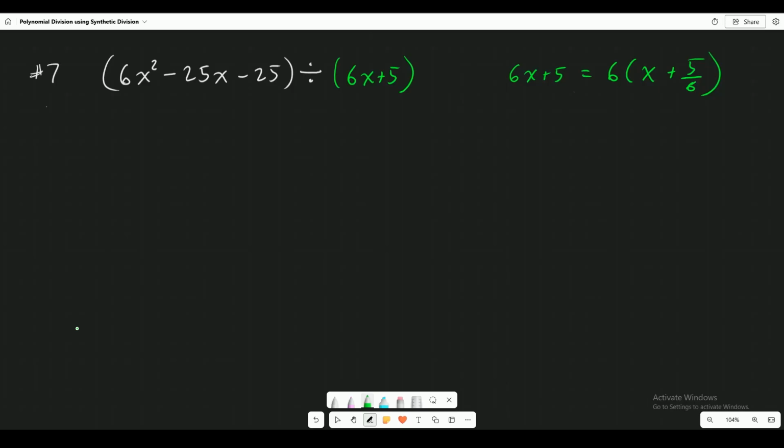So this whole thing becomes 6x squared minus 25x minus 25 all over 6 times the quantity x plus 5/6. Since we're dividing by 6, that's the same thing as multiplying by 1/6.